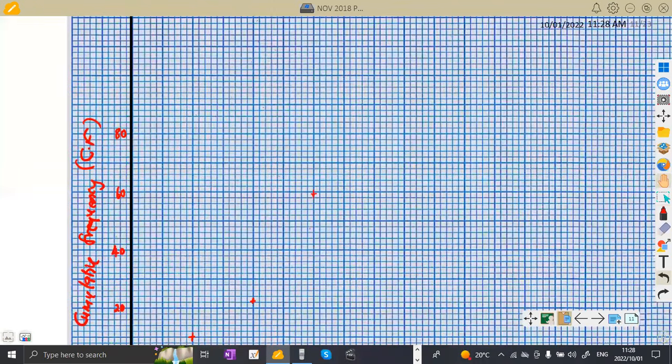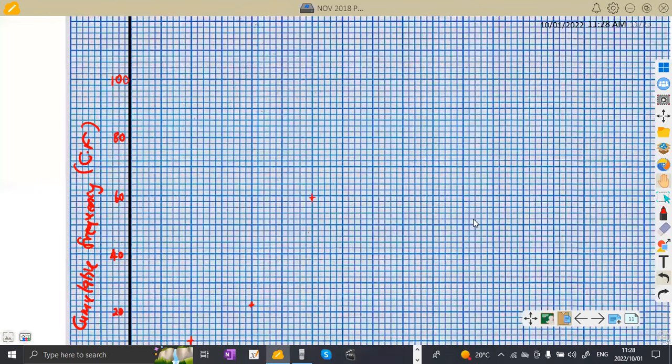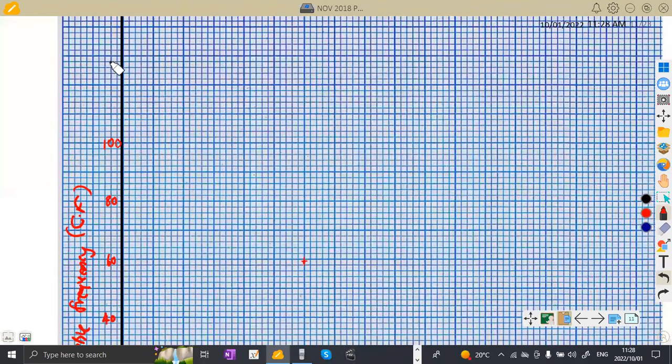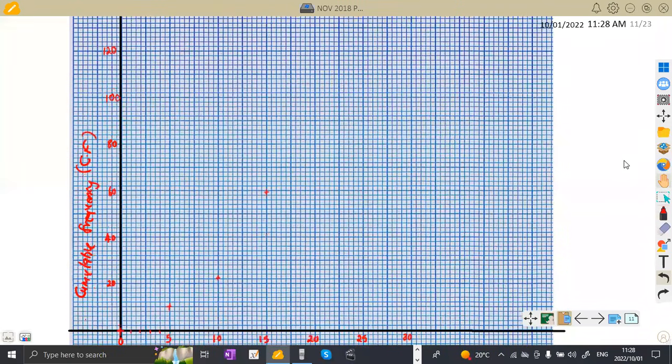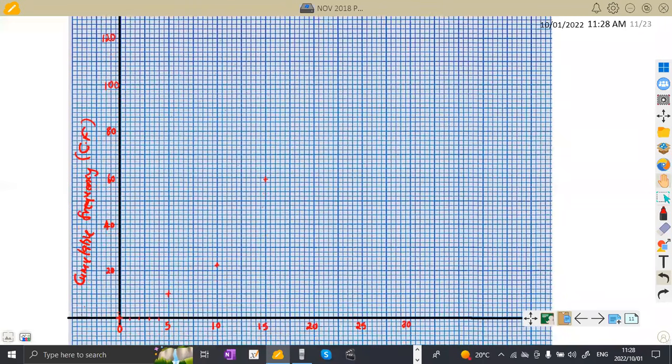This is 80, 100 here. Remember, it's in 20s, so it's going to be 100. Then 120 is supposed to be somewhere here. But we need 20 versus 110. So it's in between 100 and 120, but at 20. So it's going to be 20 here, then 110 just in between 100 and 120.